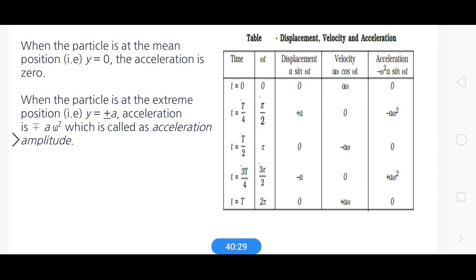And the displacement is equal to a sine omega t, velocity a omega cos omega t, and the acceleration minus a omega square sine omega t.